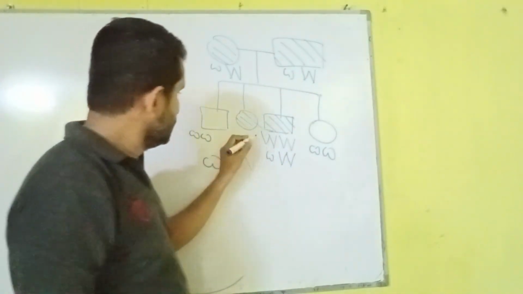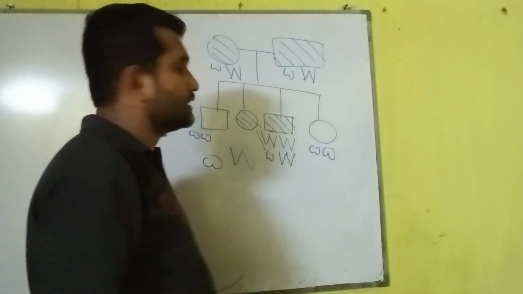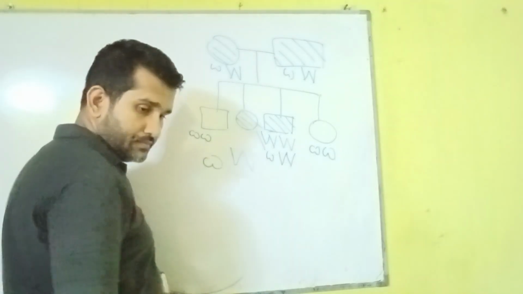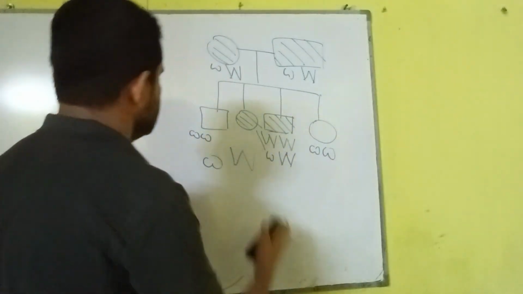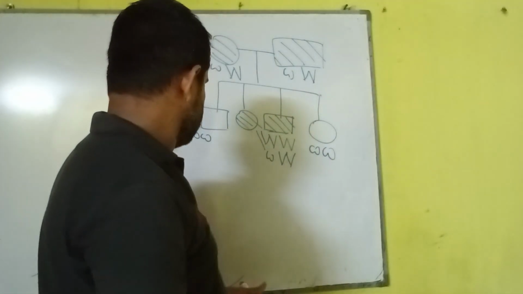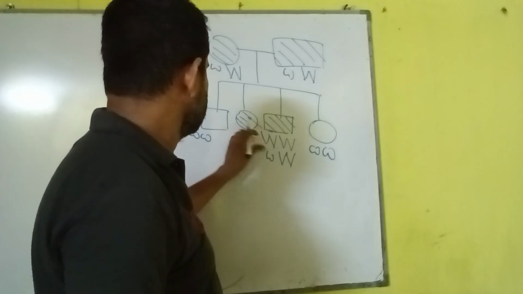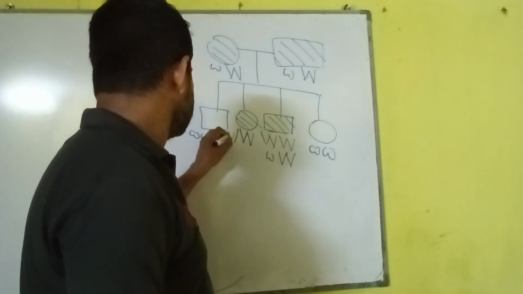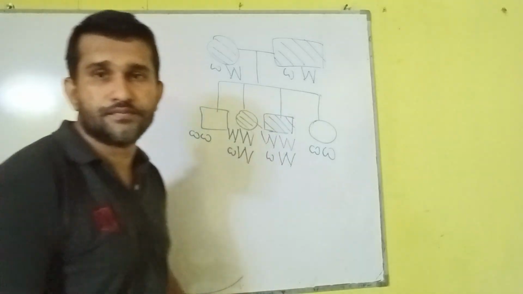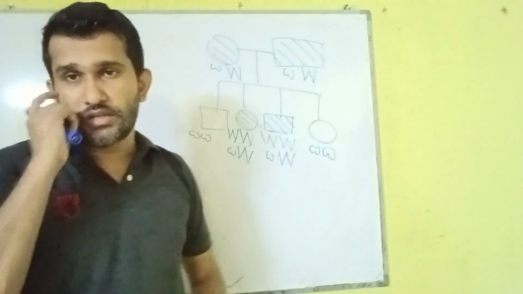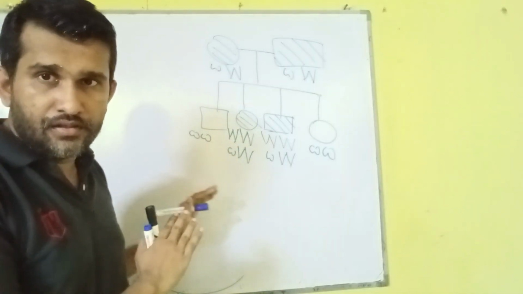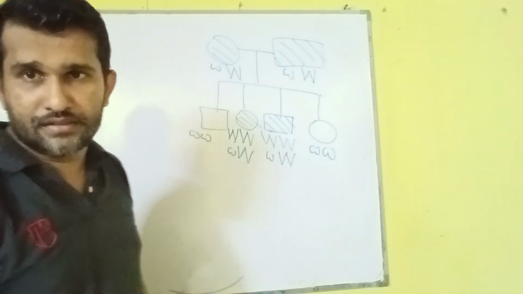So for this son you can write down two genotypes, and the same for this daughter: either homozygous dominant or heterozygous. So this is how you can identify whether it is a dominantly inherited character or a recessively inherited character.